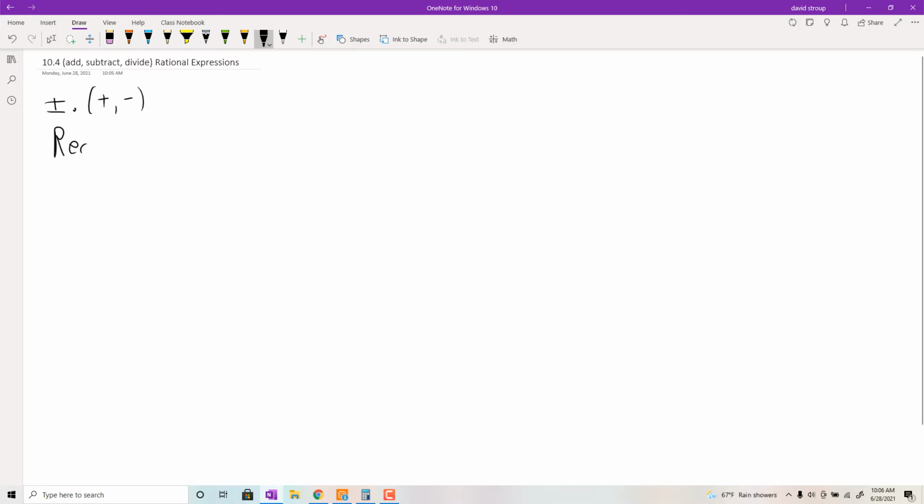So recall an example like 17x plus 3 plus, basically adding two binomials, 10x minus 5. So how did I do this? Well, you combine these two together, so 10 plus 17 is 27 x's, and then you combine these together, so 3 minus 5 is minus 2.